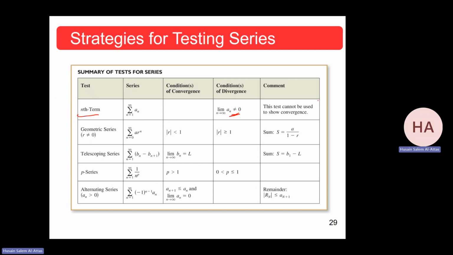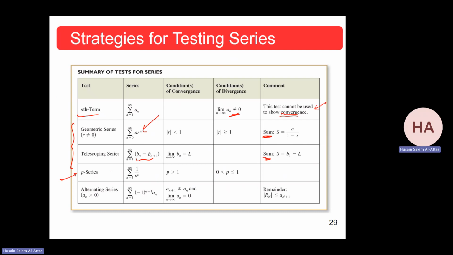But that will not give you anything about convergence if the limit is 0. Geometric and telescoping are the two series where you can find the sum.